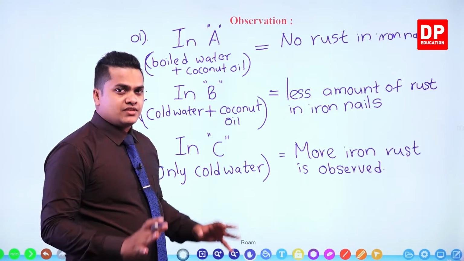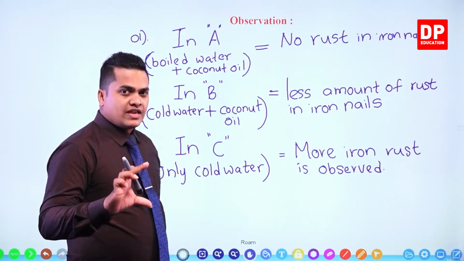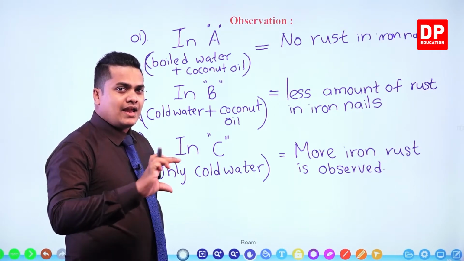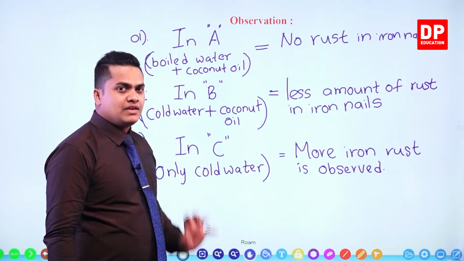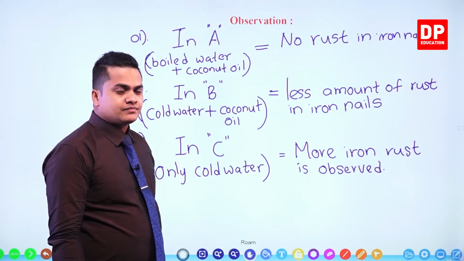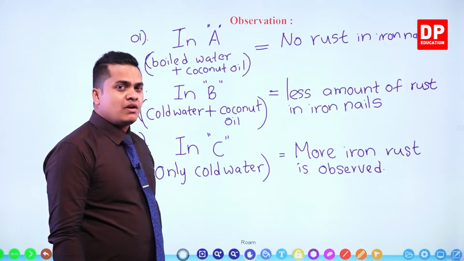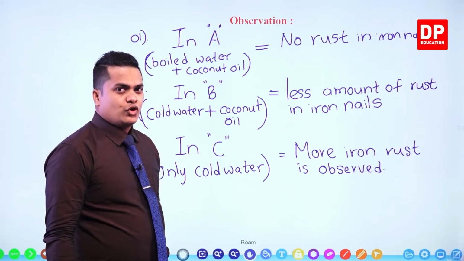But here we are just using normal water. So therefore, some amount of gases are contained in the water which we used for setup B. So some amount of air is there. Due to that some amount of air particles, some amount of iron rust could be observed.